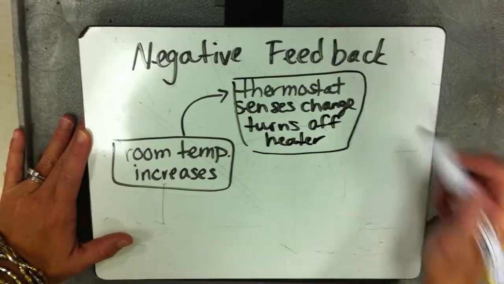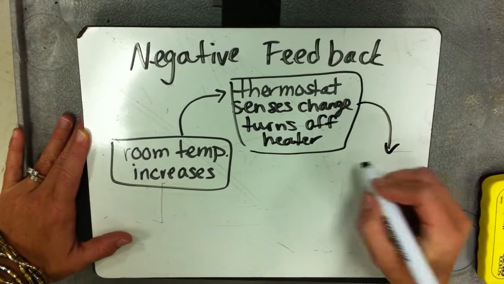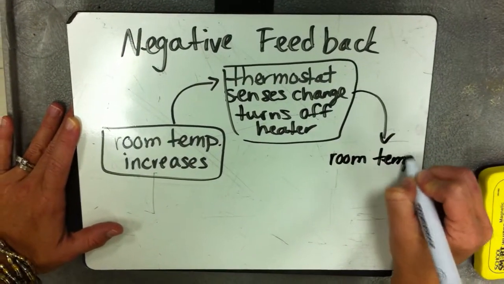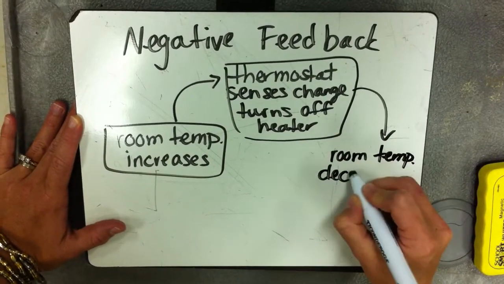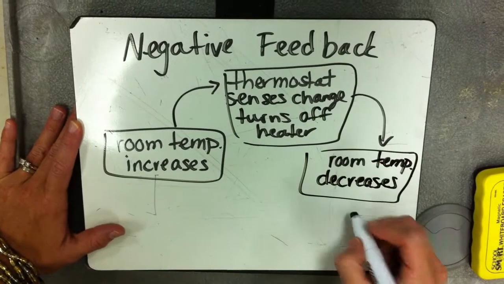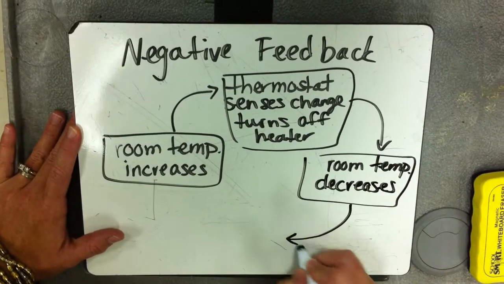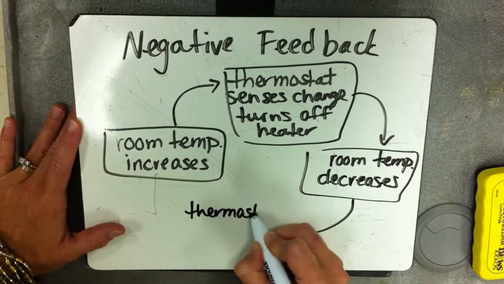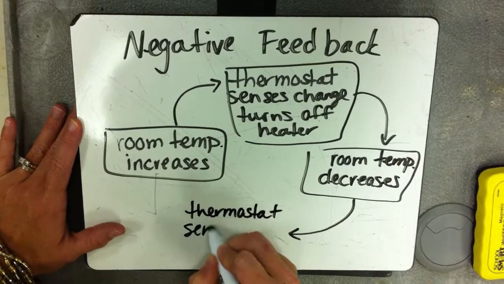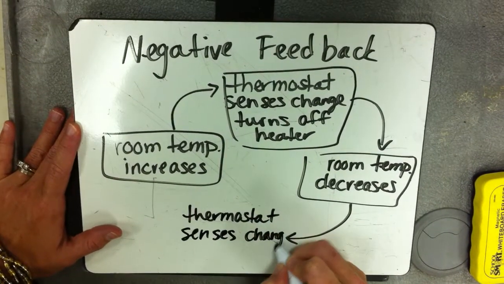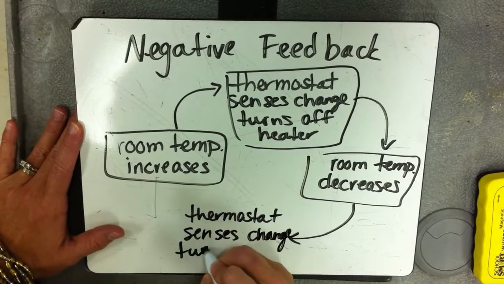Well, when the heater turns off, the room temperature is going to start to decrease. When the room temperature reaches a certain point, the thermostat senses the change and turns on the heater.